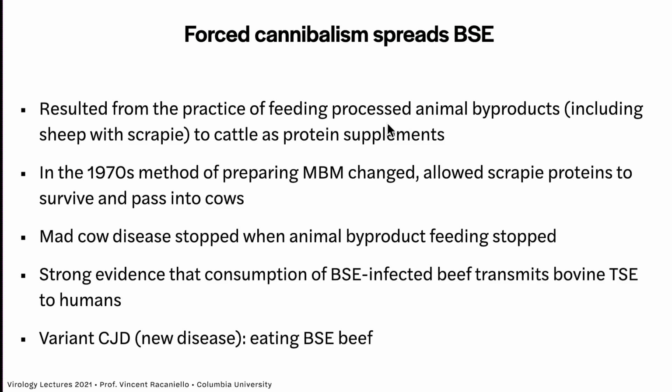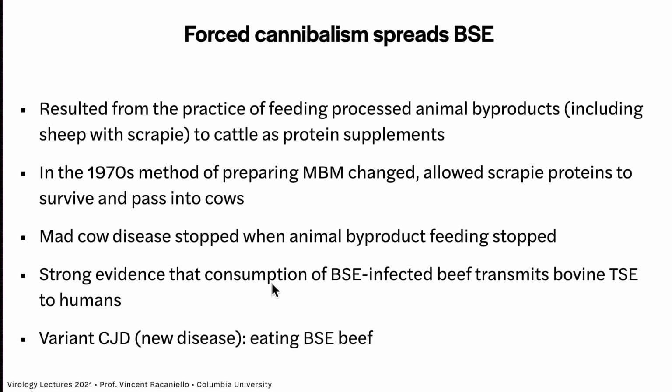It is fed to cows. And in the 1970s, they changed the method for preparing it, which allowed the scrapie proteins to survive and pass into the cows. The previous method got rid of the scrapie protein, but was more expensive, so they decided to save money. The result was this BSE epidemic. And we stopped this byproduct feeding, and the outbreak stopped.